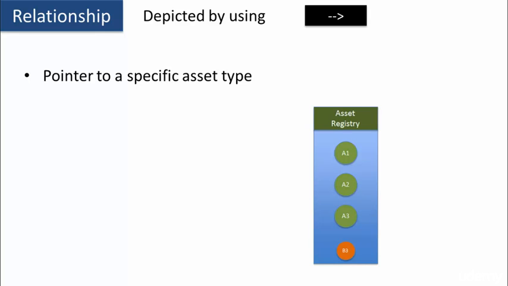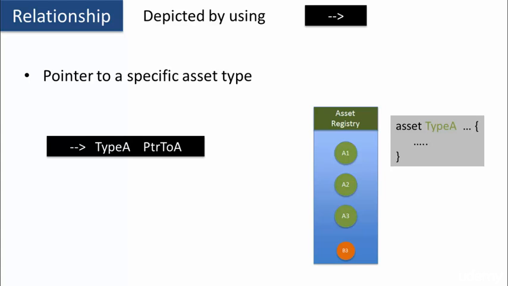You can think of a relationship field or attribute as a pointer to a specific asset type. Let me explain what that means. Let's say in the asset registry, we have two types of assets, type A and type B. Let's say this is the definition of the type A resource. It's an asset. In a resource that is pointing to an asset of type A, you can create an attribute or field which is of type A, and instead of o, you would use dash dash greater than.